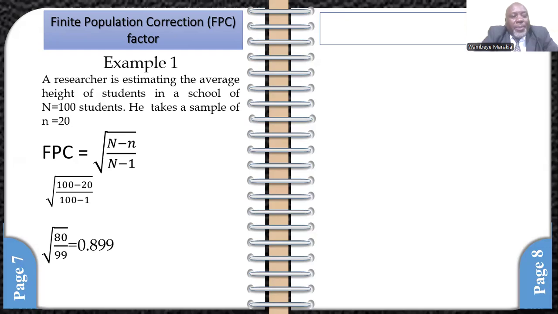When you do the calculation, it gives you 0.899. So the finite population correction in this example is 0.899.